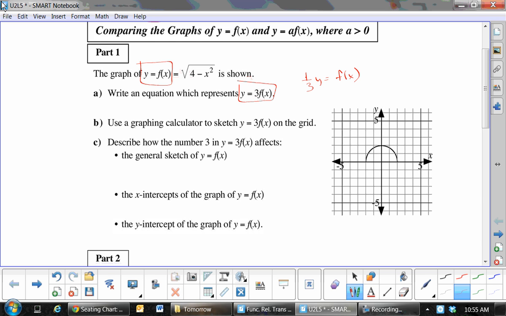So this here, if you remember correctly, is a vertical stretch by a factor of 3 about the x-axis.